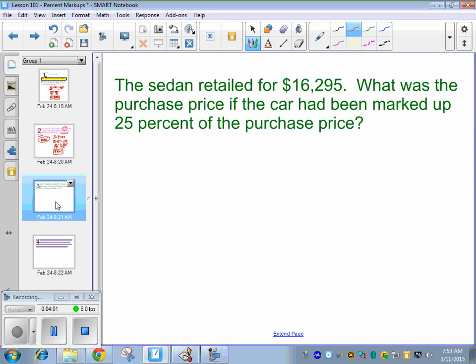All right. The sedan retailed for $16,295. What was the purchase price if the car had been marked up 25% of the purchase price? So when you see retailed, that's the selling price. Okay, that's what I sell it for. So selling price is equal to purchase price plus markup.